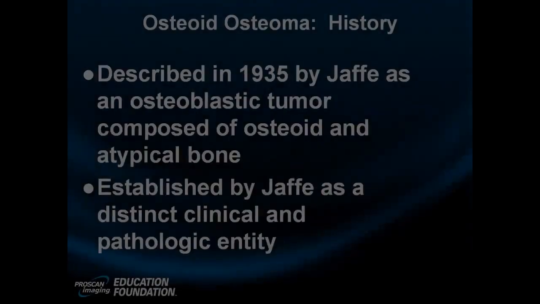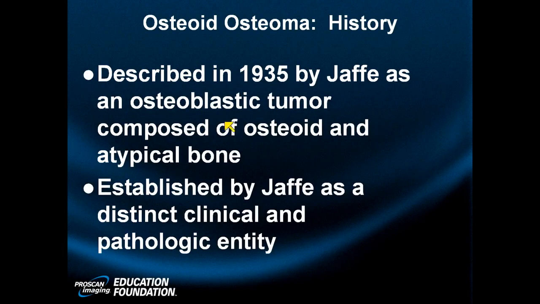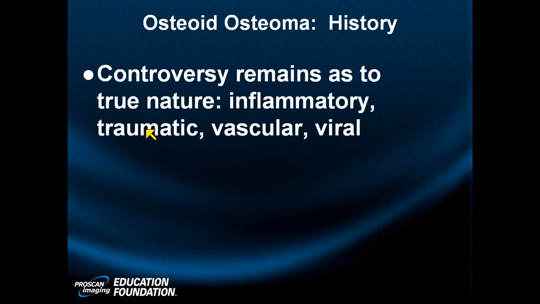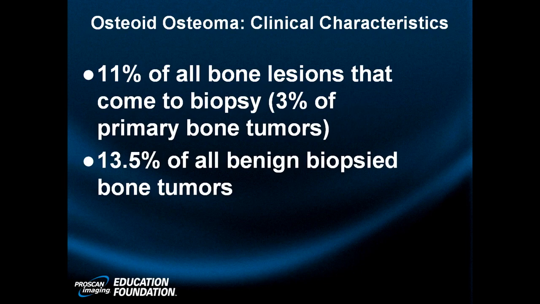It hurts. Osteoid osteoma was described by Jaffe as an osteoblastic tumor composed of osteoid and atypical bone, and he established it as a distinct entity. There is controversy about what causes it, whether it's a tumor or a post-inflammatory reaction or a vascular occlusive event in the Haversian system of bone. 11% of all bone biopsies that come out of people are osteoid osteomas, and that's a crime because they really should just be left alone and left to burn out their course.